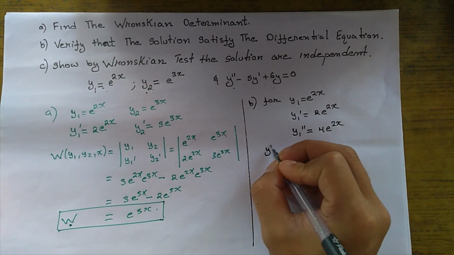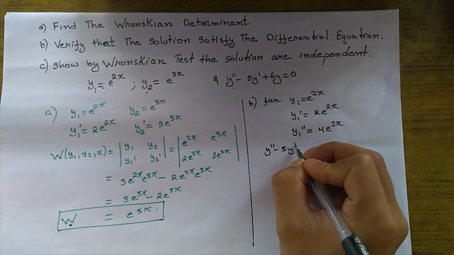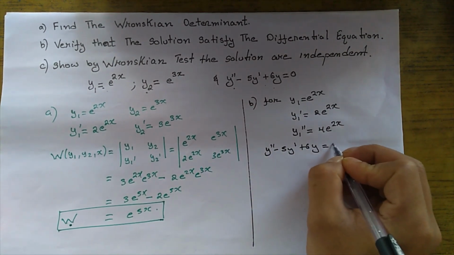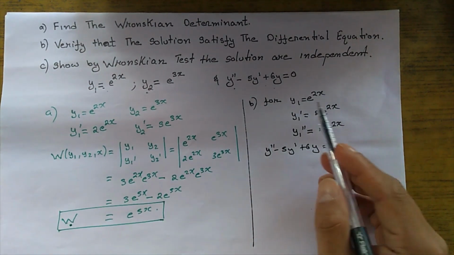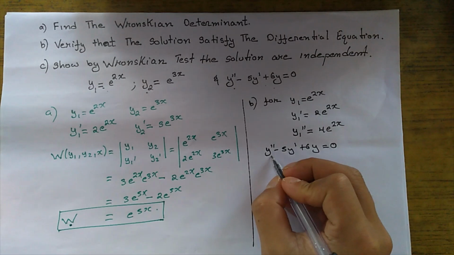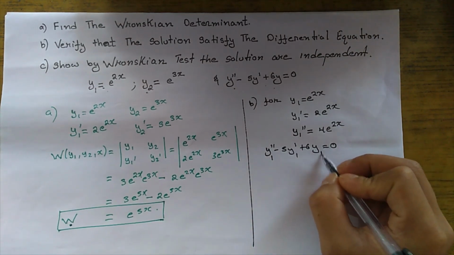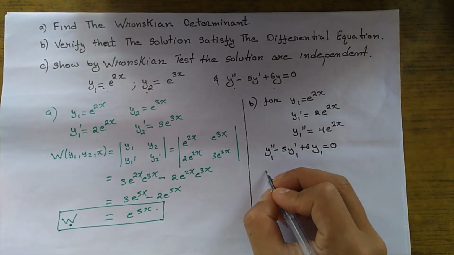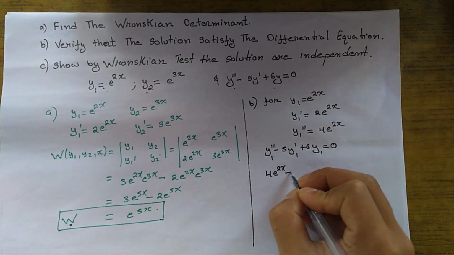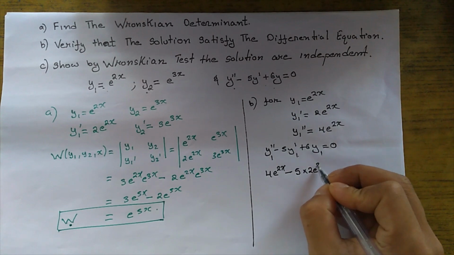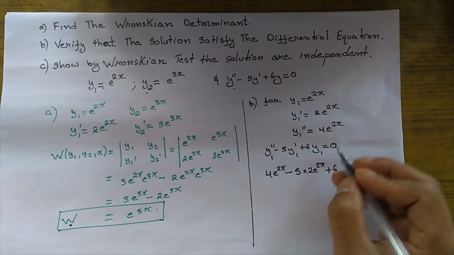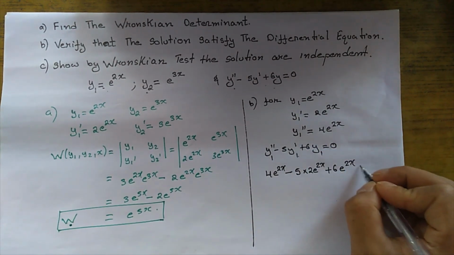We have y double prime minus 5y prime plus 6y is equal to 0. We need to check this differential equation for the given solution y1. So y1 double prime is 4e^(2x), minus 5 times y1 prime, which is 2e^(2x), plus 6 times y1, which is e^(2x), equal to 0.